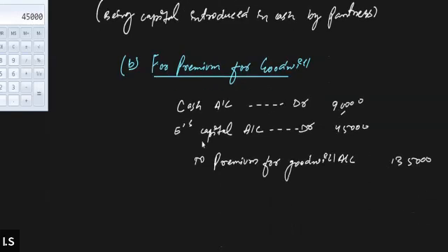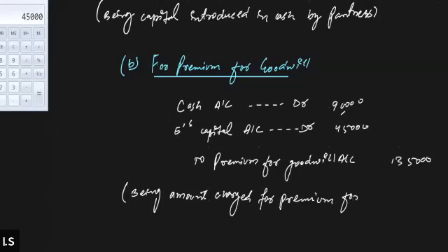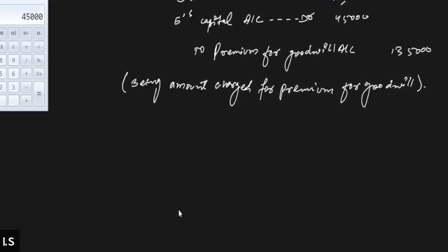Is that clear, everyone? And we can also write down the narration being premium for goodwill. Done, everyone. And then we need to pass one more general entry, that is for the distribution of the goodwill.